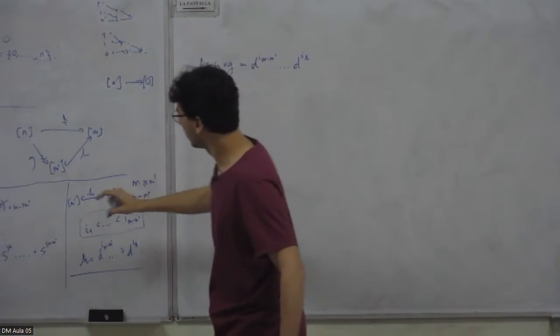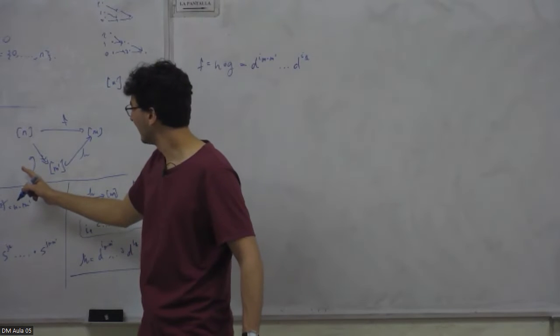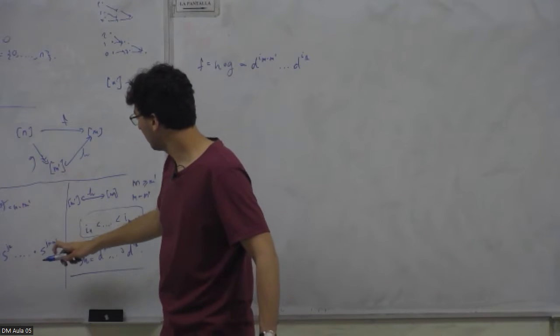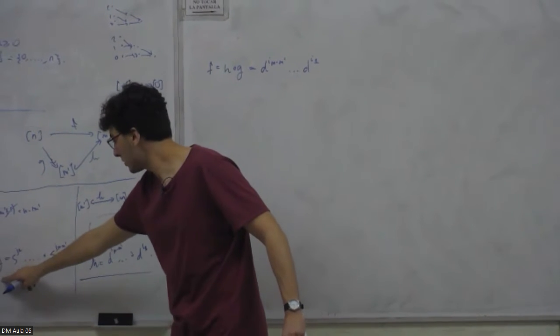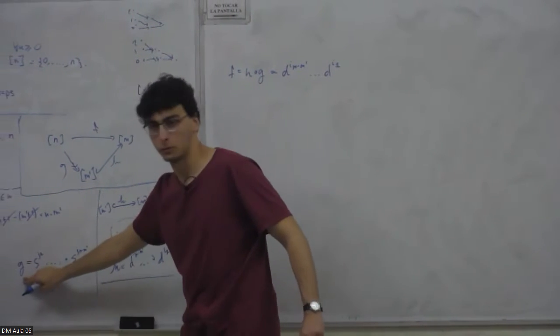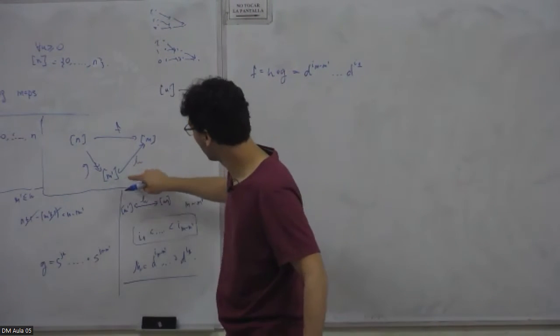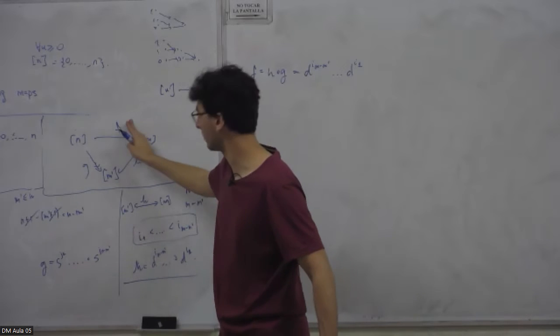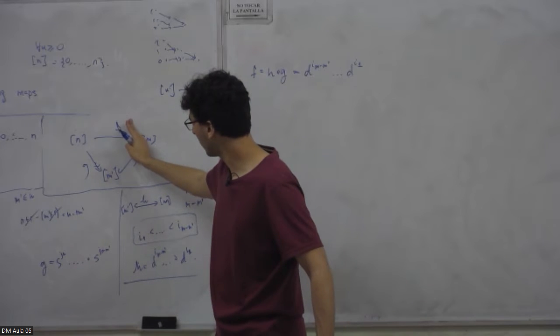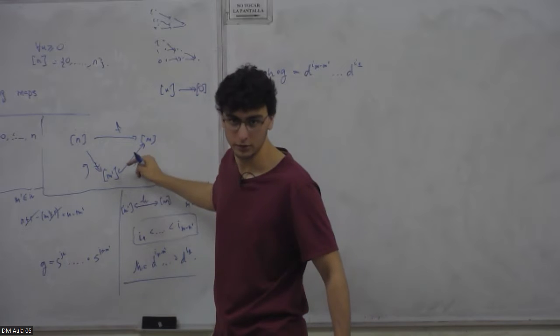Note one thing: if this g comes from here, then the j's, which are the values at which g is non-increasing, are precisely the values at which f is non-increasing, because this is an injection.